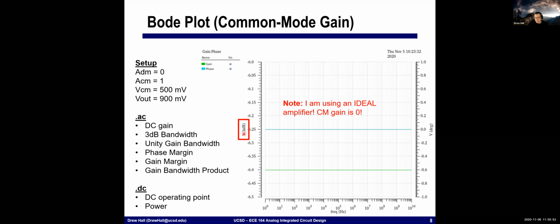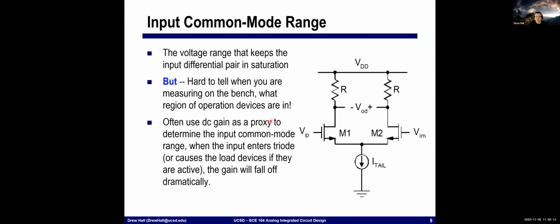And so anytime you're talking about -5 kilo dB, it's quantization error in numeric results. I mean, this is as close to 0 as you can possibly get. Yours will probably be much more interesting in that regard. So the input common mode range.